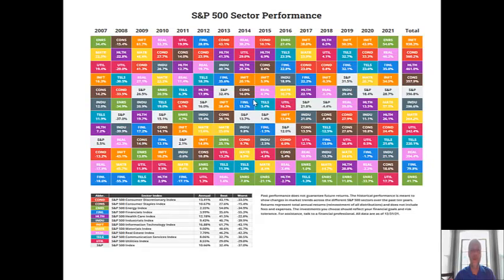This is further demonstrated by this graph showing S&P 500 sector performance from 2007 until 2021. And you will note that the sector doing best in one year is generally not the sector doing best in the next year.